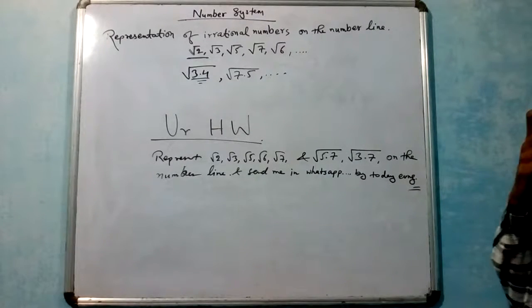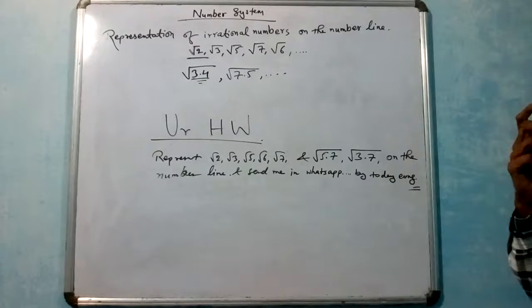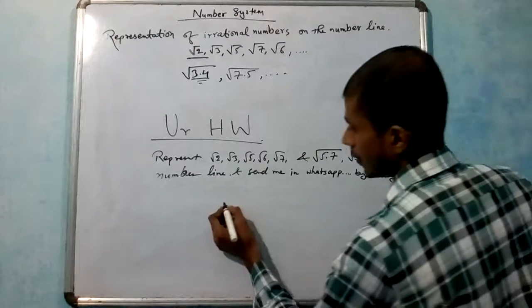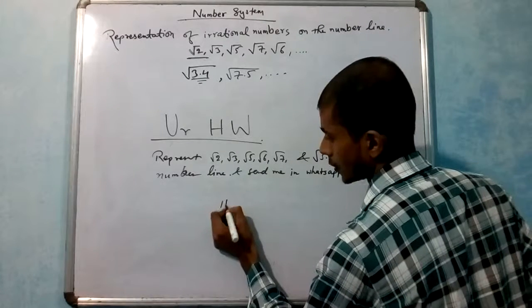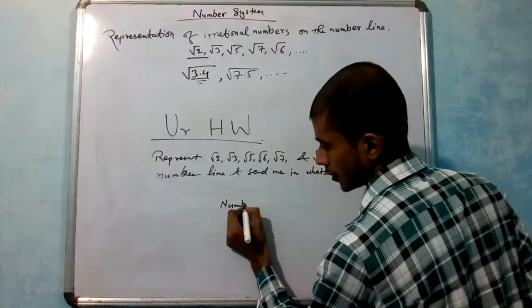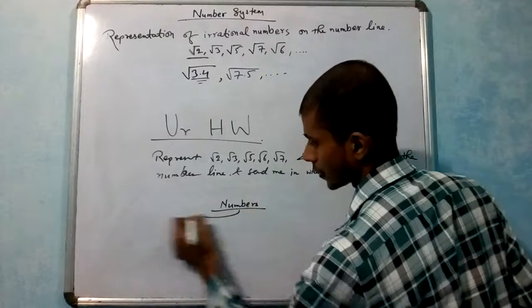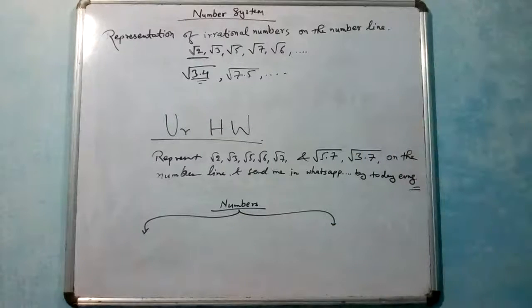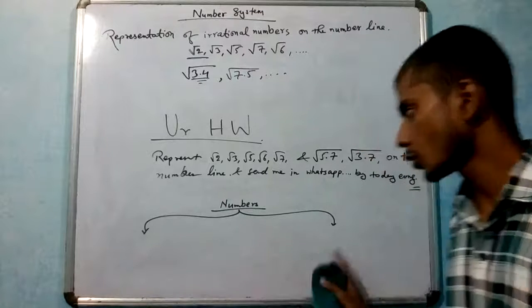Fine? Okay. And now tell me the numbers. Revision of the previous class. Tell me what two groups we have seen? The numbers, total numbers can be broadly divided into two groups.